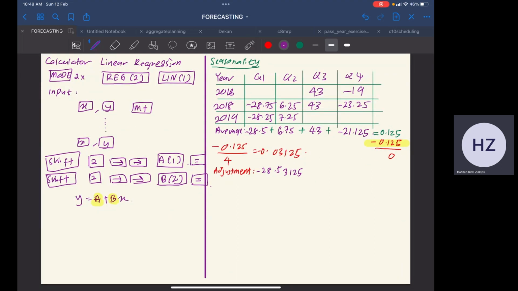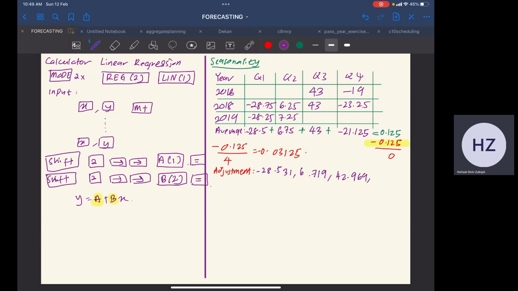We take 3 decimal numbers. And then 6.75 minus 0.03125. So you get 6.719. 43 minus 0.03125, you get 42.969.